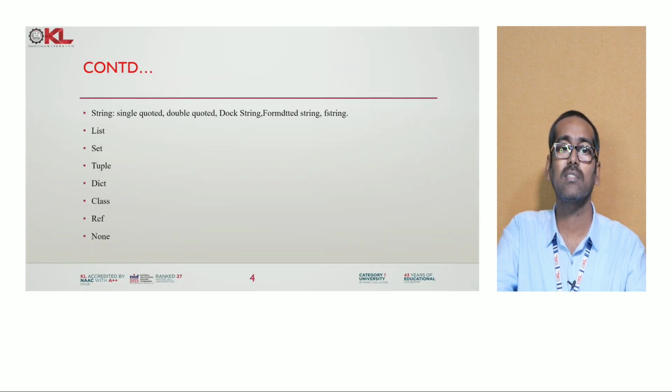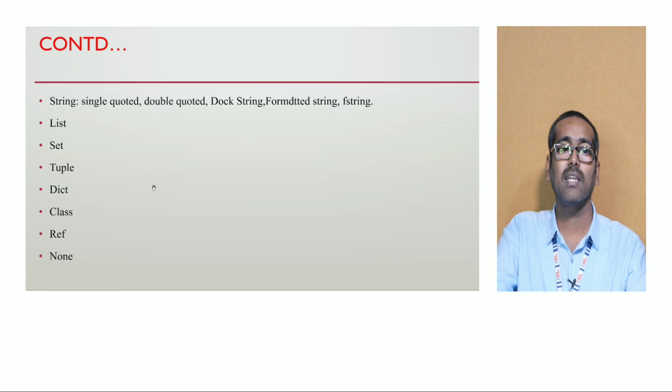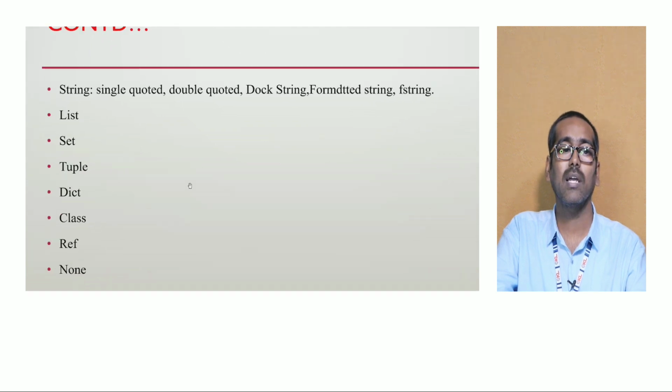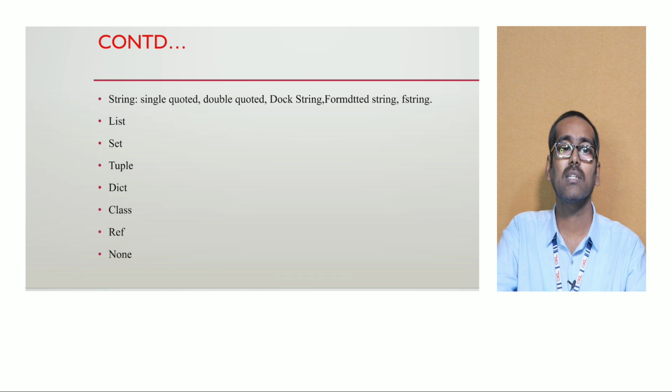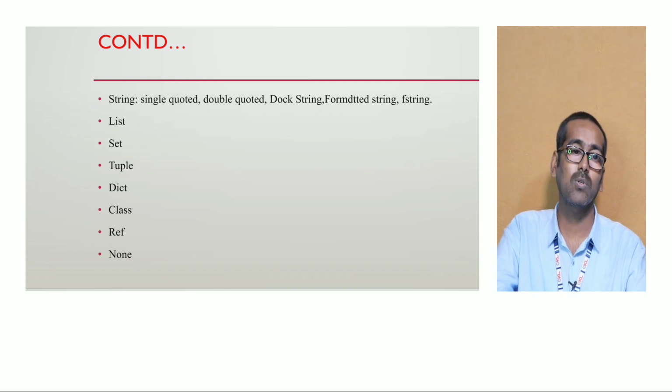The first one is string. Most of Python's success lies in the string data type. So what is a string data type? It is generally called a collection of characters, but in Python a huge set of string formats is supported.